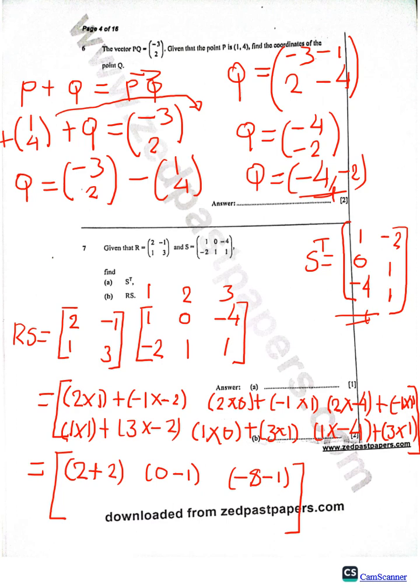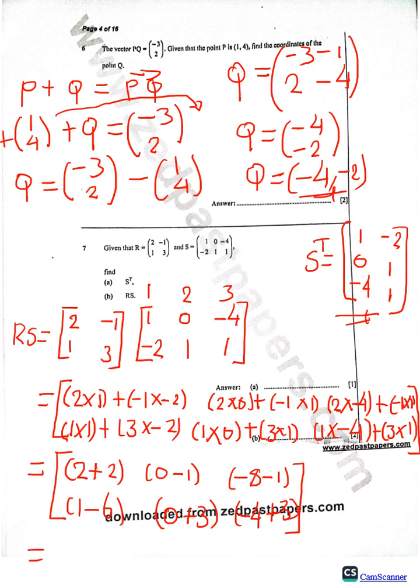Okay, so 1 times 1 is 1 plus 3 times negative 2 is negative 6. Then 1 times 0 is 0. 3 times 1 is 3. 1 times negative 4 is negative 4 plus 3.